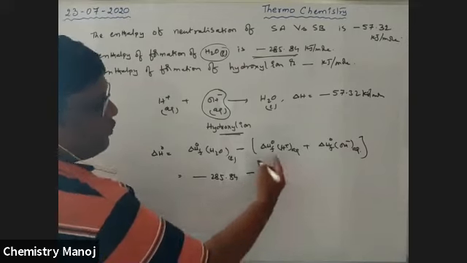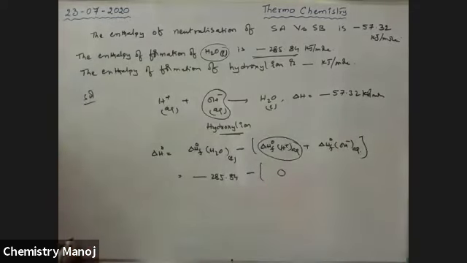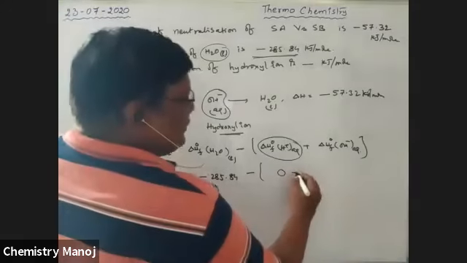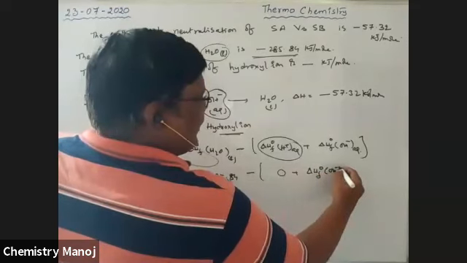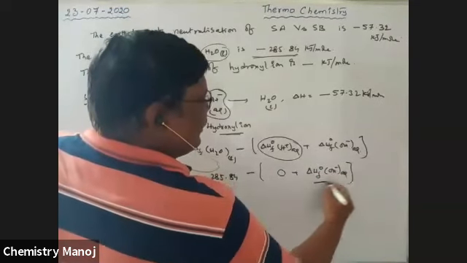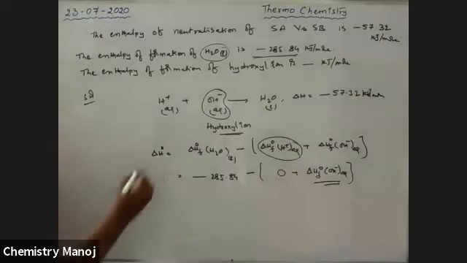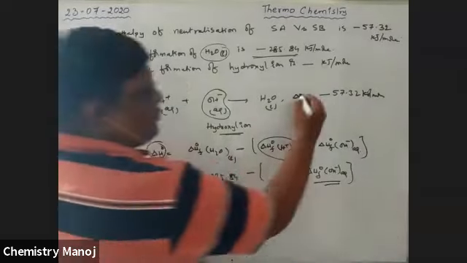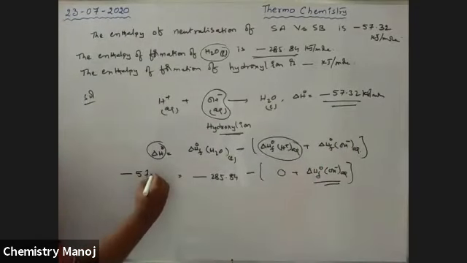The enthalpy of formation of H plus is taken as 0, plus the enthalpy of formation of OH minus aqueous, which we want to calculate. That is the question. Delta H naught value is minus 57.32.